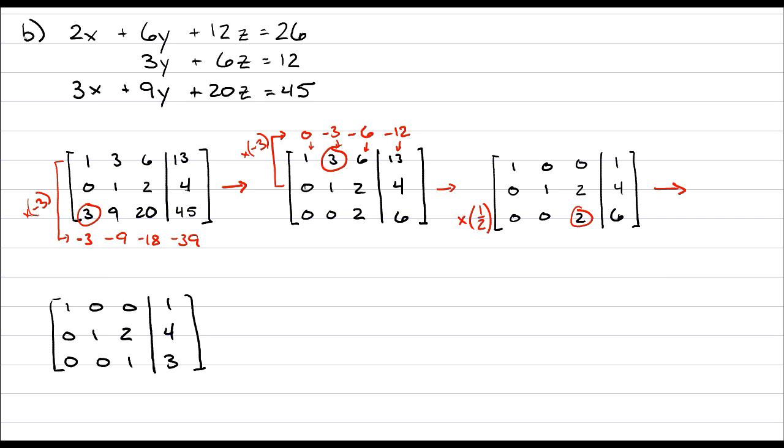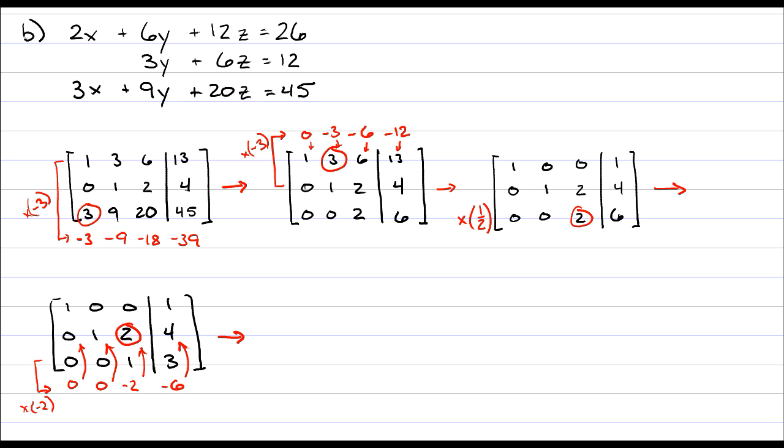Looks like I only have one more step. I need to get rid of this 2. So I am going to take the third row and multiply by minus 2. That gives me 0, 0, minus 2, minus 6. And now I'm going to take these entries and add them to the second row so that I can get rid of that 2 in the second row.